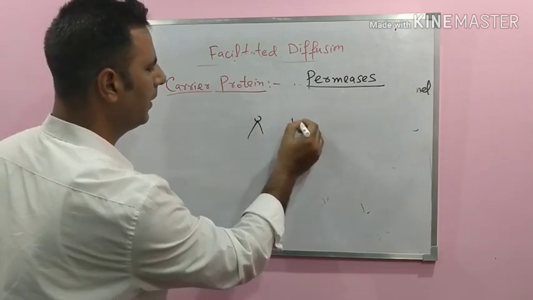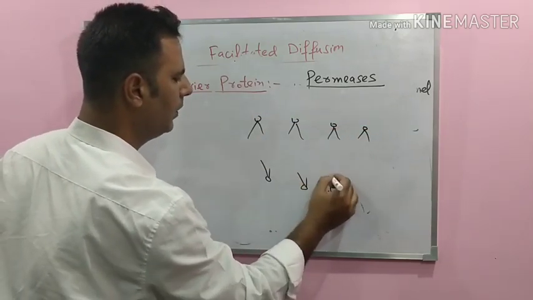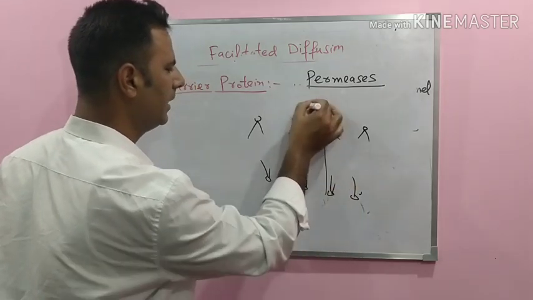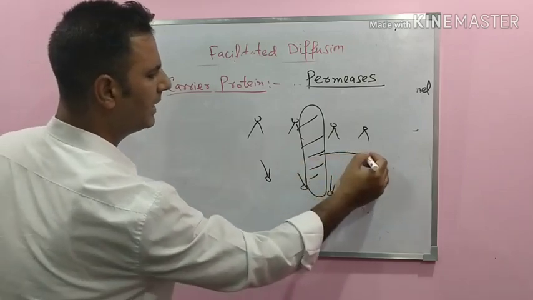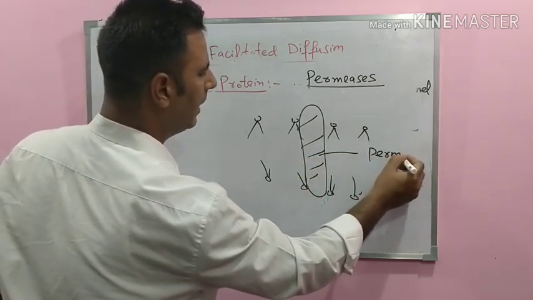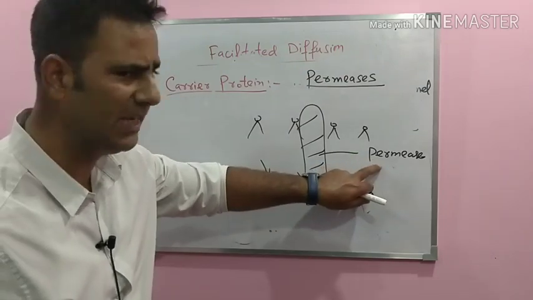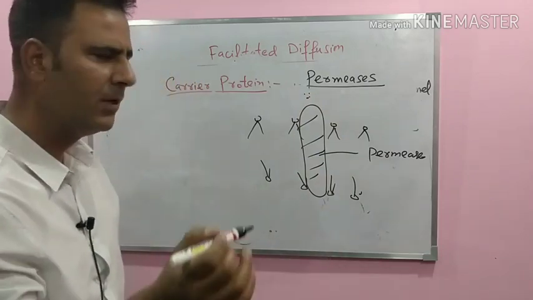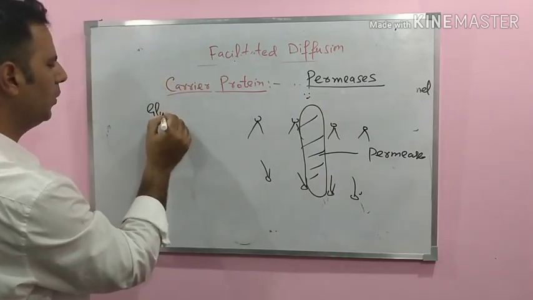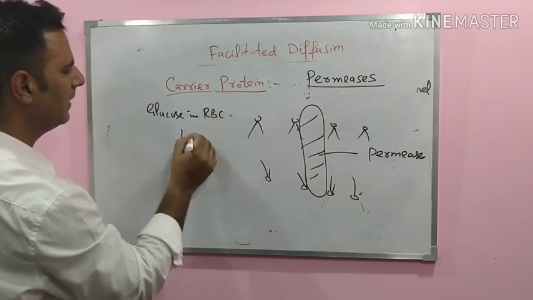Again, if we see the membrane, and we have some proteins here, which we call as carrier proteins. If this is a carrier protein, we can say this is permease. This carrier protein is involved in facilitated diffusion. We will call it as permease. It is going to move the substance from this side to another side. For example, we have transport of glucose in case of RBCs and liver.